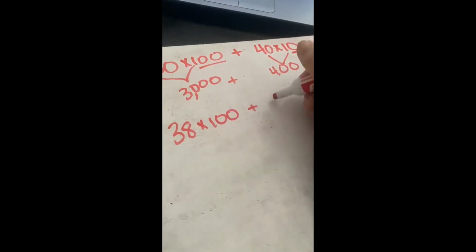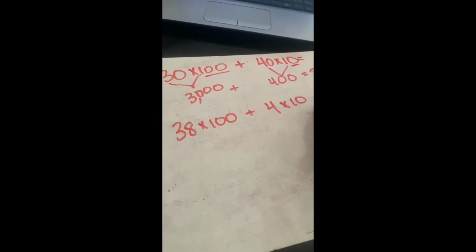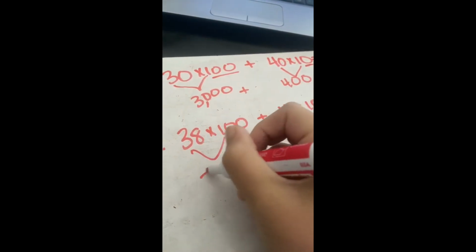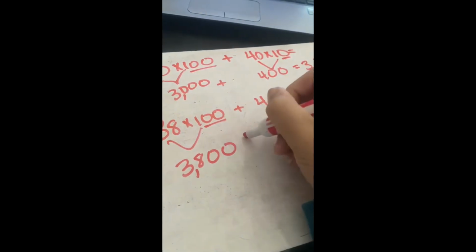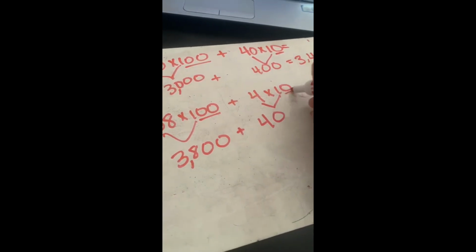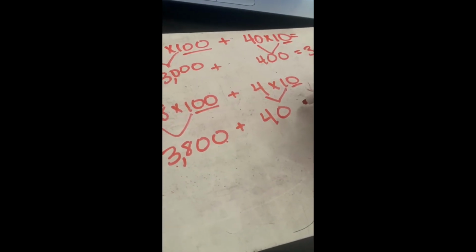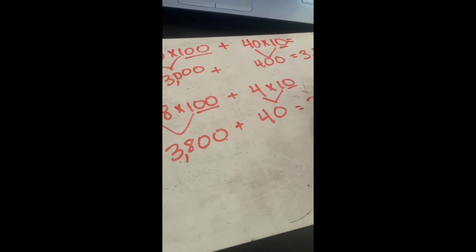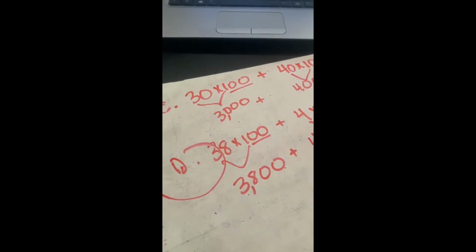That's what I said. 38 times 1 is 38, and I attach my zeros. 4 times 1 is 4, and I attach my 0. 3,800 plus 40, 3,840. Is that what I was looking for? Yes. So the only answer choice that gave it to me was D.